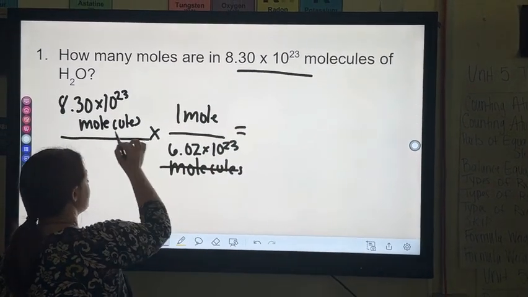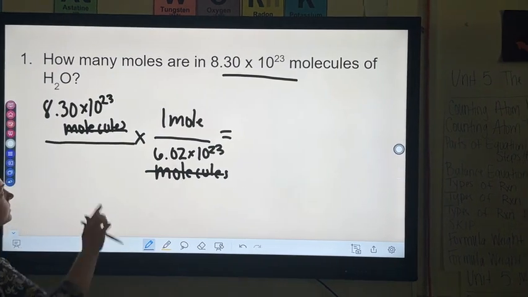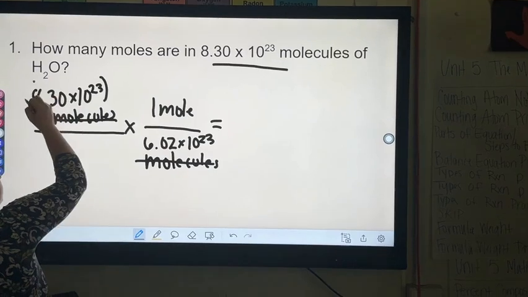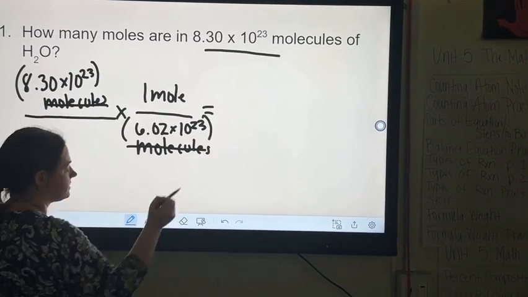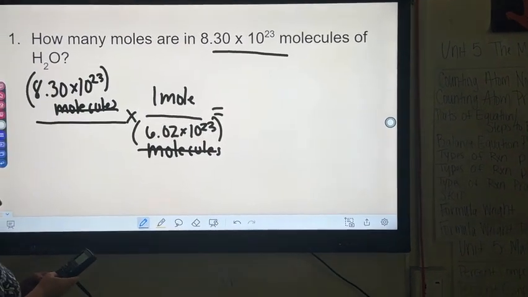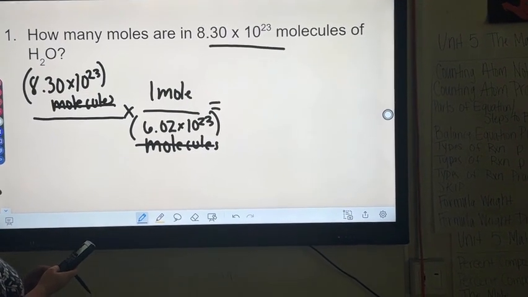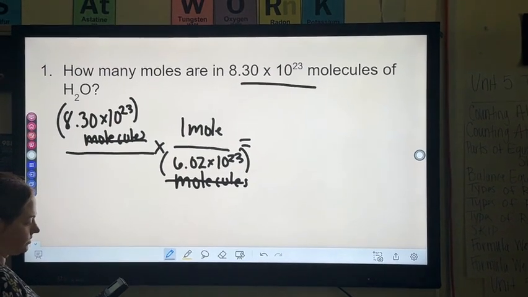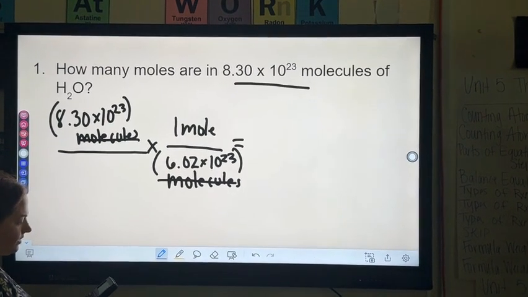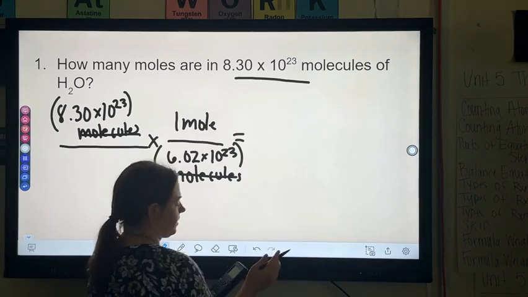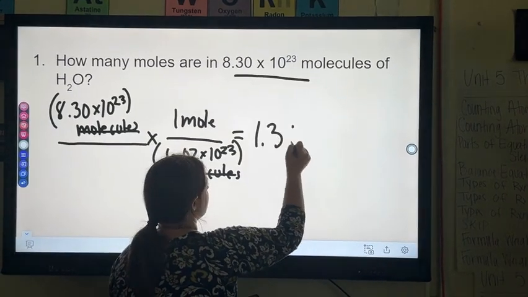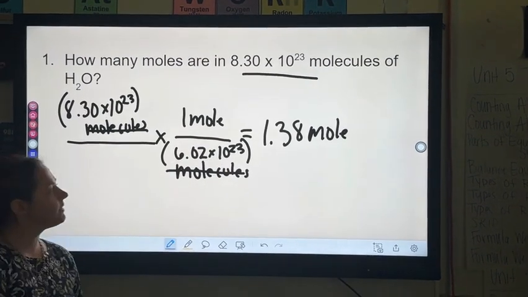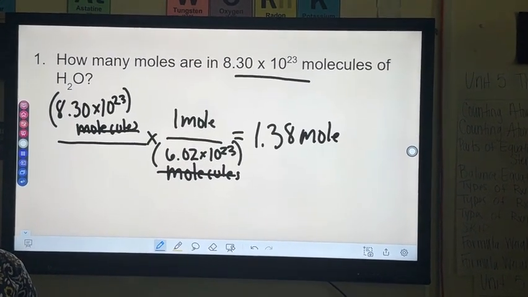Our molecules cancel out, and then we're going to multiply the top and then divide by the bottom. When I put this in my calculator, I'm going to put both of these numbers in parentheses. So 8.30 times 10 to the 23rd divided by 6.02 times 10 to the 23rd, and you get 1.38 moles. Take a minute to solve. If you have any questions, please check in with your teacher.